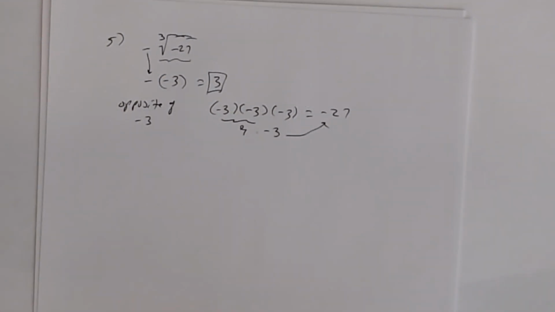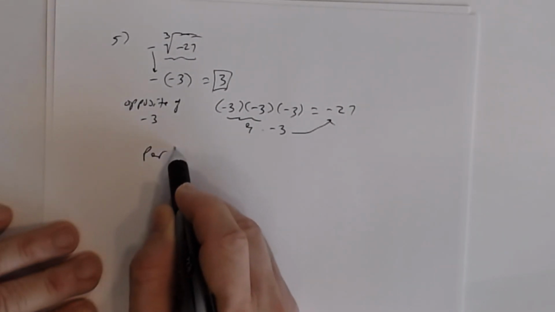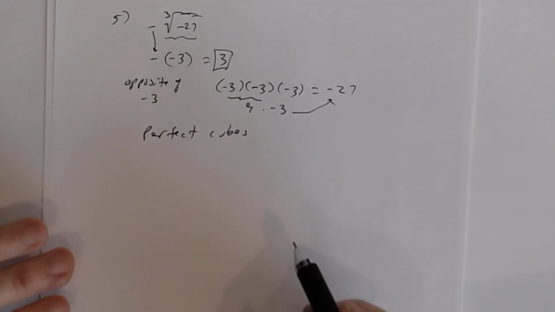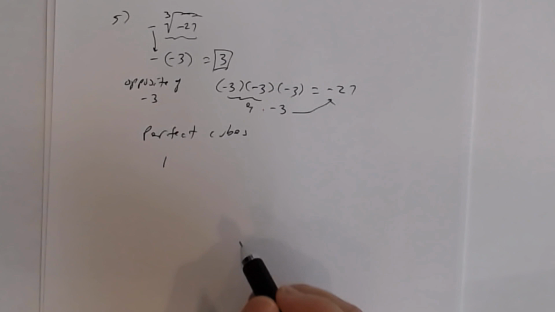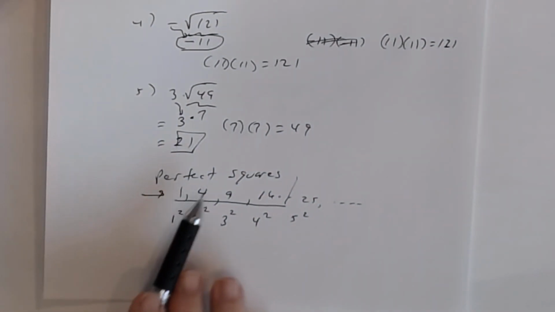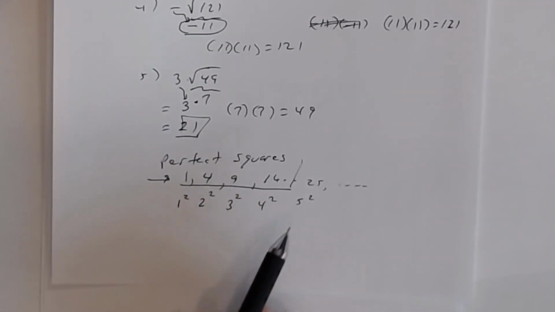Same thing here. This is the idea of perfect cubes. Let's talk about what our perfect cubes are. So the smallest perfect cube is 1. And you're going to do it just like you did these perfect squares. So you can say 1 squared, 2 squared, 3 squared, 4 squared, and so on.